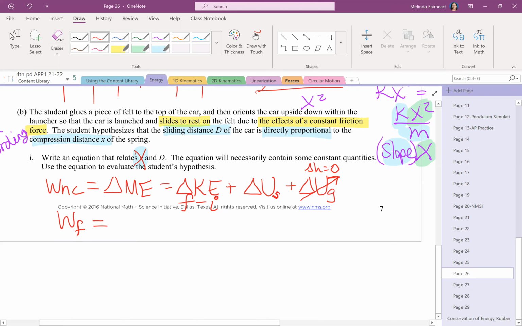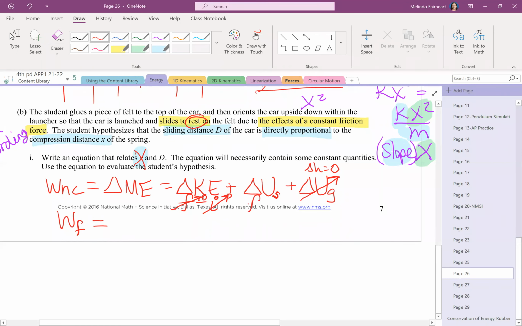Well, initially, when we're fully compressed and you let go, what's the initial speed? 0. So initial kinetic energy would be 0. And then this one has friction. It's going to slide to a rest. So final kinetic energy will also be 0. So it's about where you start and where you end. It's going to be 0 on both of those.